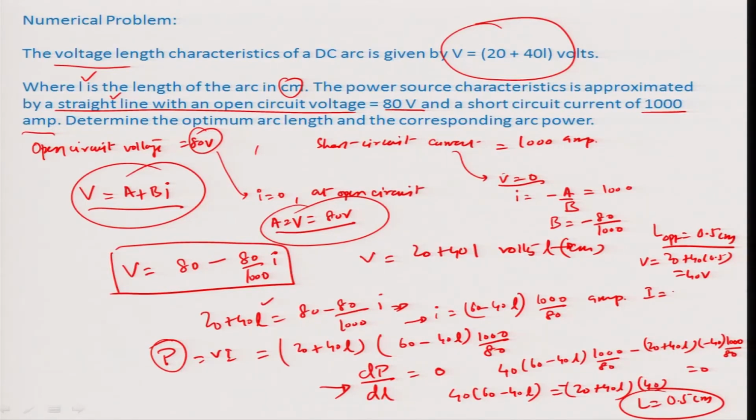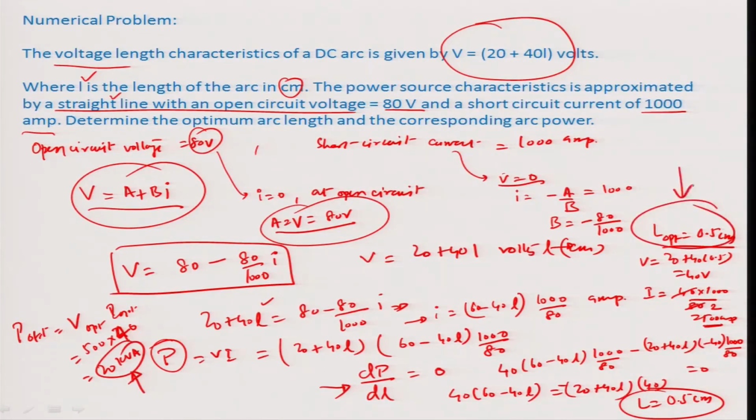So, I becomes equal to 40 times 1000 by 80, which is about 500 amps, and the total optimum power is V opt times I opt, which is equal to 500 times 40 volts, which is nothing but about 20 kVA. So, this is how the optimum power and the optimum length of the source would be.